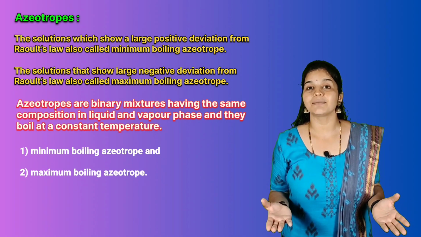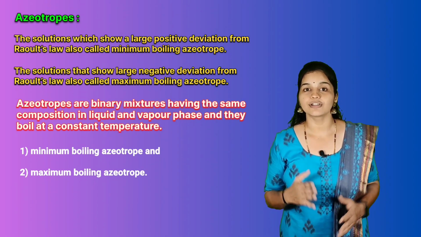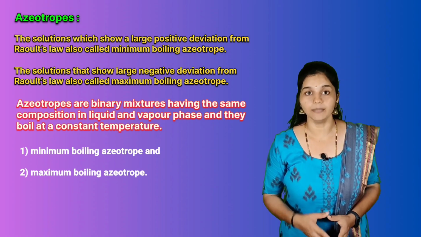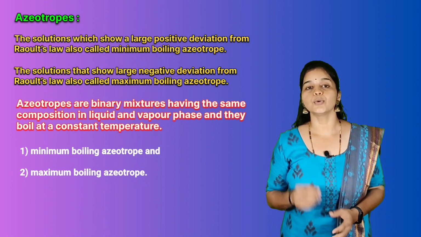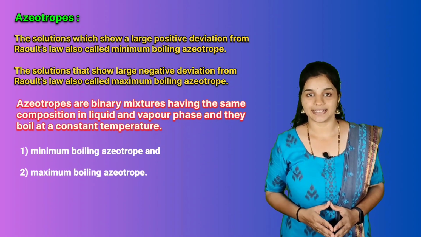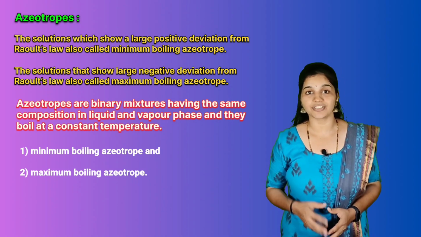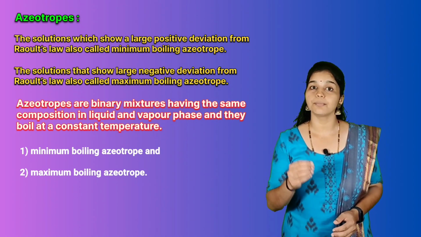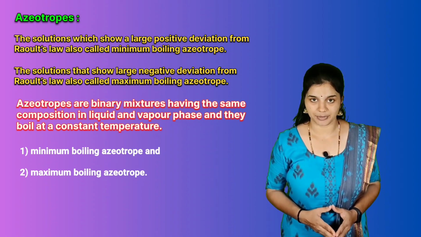Why is the name minimum boiling azeotrope? It is because when we plot constant pressure phase diagram for such a mixture, its temperature goes through a minimum. So it is called minimum boiling azeotrope. On the other hand, in the constant pressure phase diagram of maximum boiling azeotrope, temperature goes through a maximum.